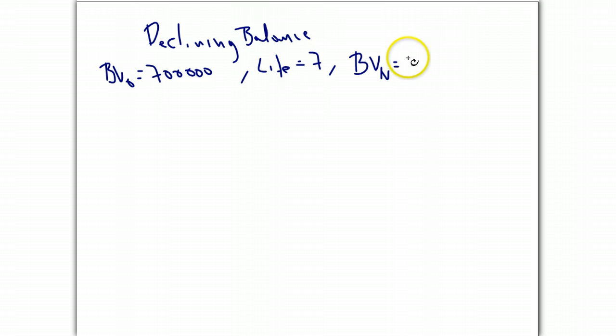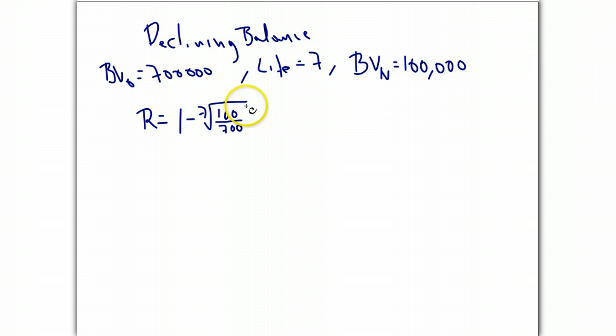Let's set that up to $100,000. So if that's the case, we can compute R as 1 minus the 7th root of the book value at n, 100,000. Since this is just a ratio, we can just write 100 divided by 700, or 100,000 divided by 700,000, and it is going to be the same answer.